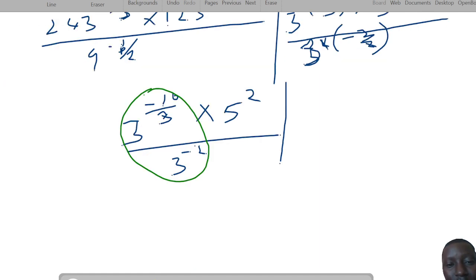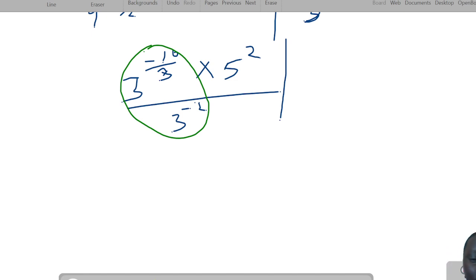So we take 3 to the power of negative 10 over 3, minus negative 2.